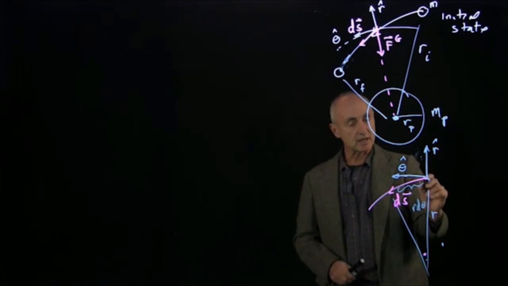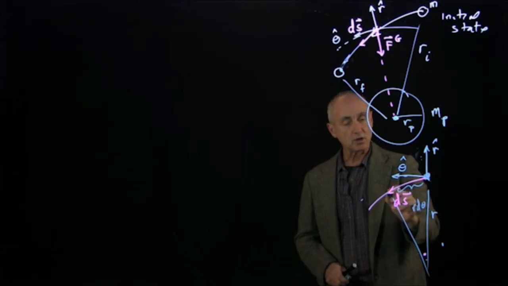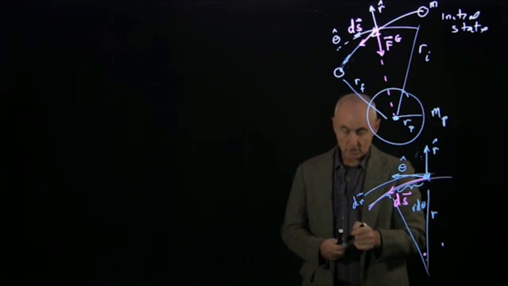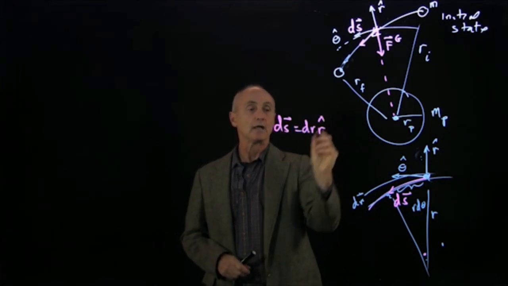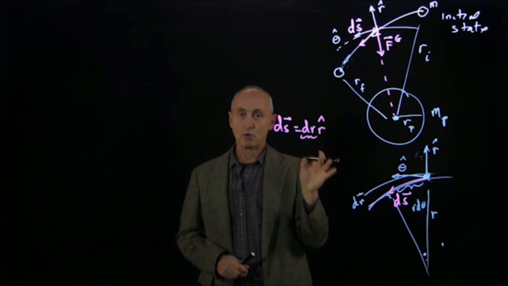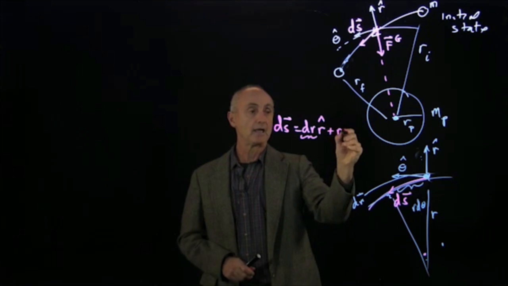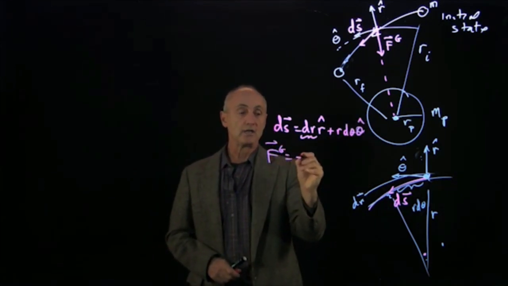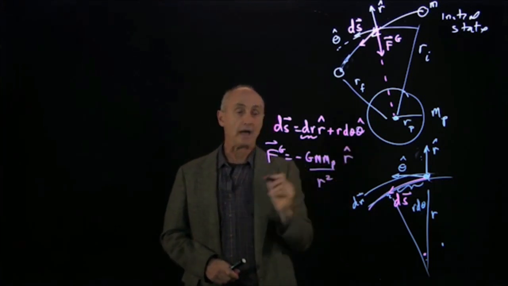And the difference as the object moves from one point here to a closer point towards the center will be dr. And so our ds vector we can write as a radial piece, dr r hat. Now, I don't put a sign in there because only the endpoints of my integral will tell me whether I was going towards the planet or away from the planet, and r d theta, theta hat. And our gravitational force is minus G mass of the planet over the distance squared, r hat.